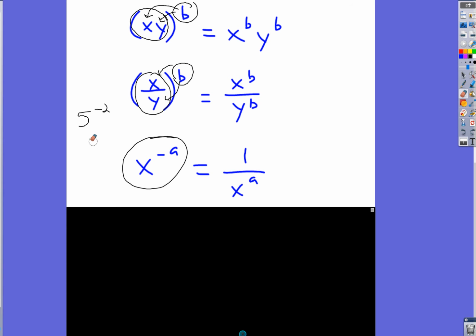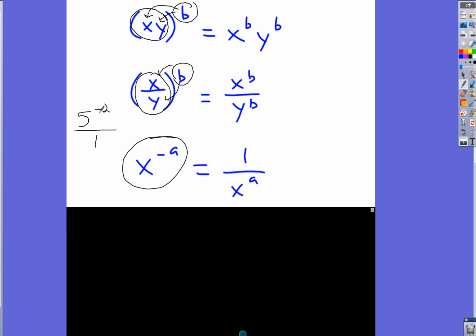What you can do with a negative exponent is change the location of it, what's known as a reciprocal. If you don't see a fraction, it's because it's considered to be a numerator. Like this could be 5 to the negative 2 over 1. It's on top. If it was on the bottom, wherever it's located in fraction form, change the location.